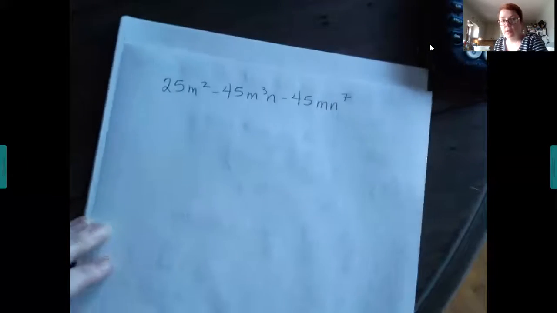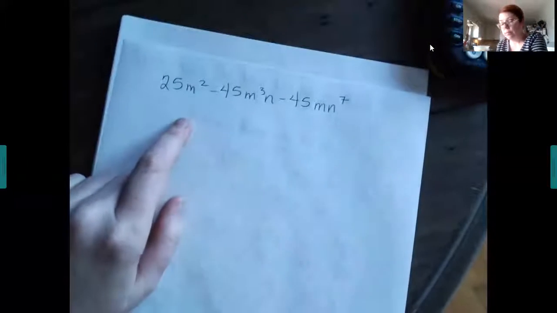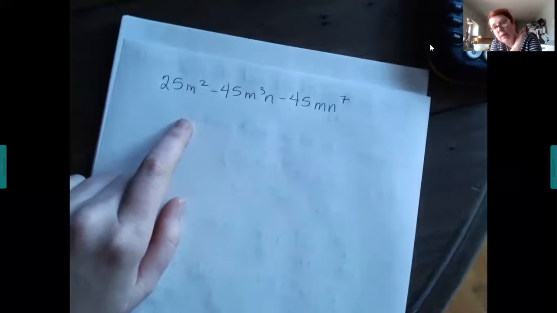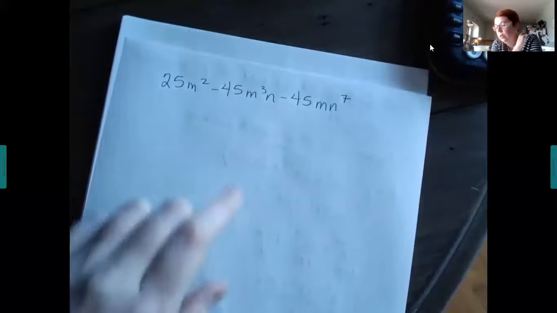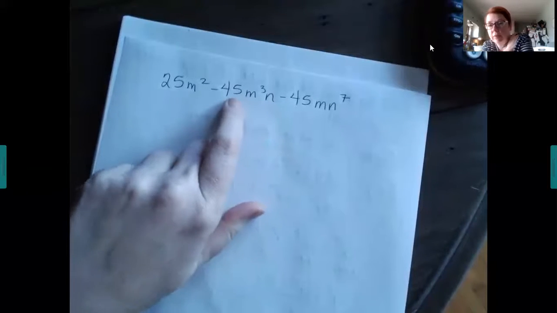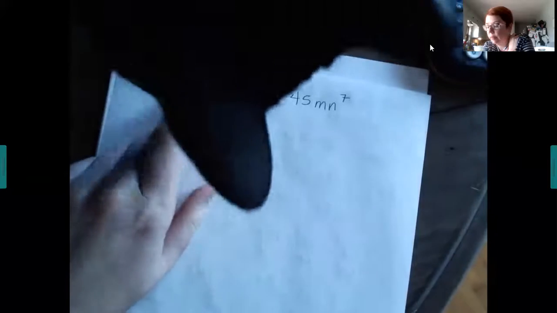All right. So now we have 3 terms, and we just look and see what do they share in common. It might not always be as much as you want. So here, 45, 45, well, that's uncommon, cool, but can I divide that by 25 evenly? Sorry, cat's in the way.